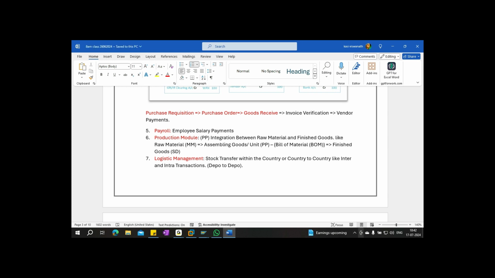The company purchases raw material. The assembling line is there, right? Assembling is nothing but production planning. Finally, the mobile is the finished good.